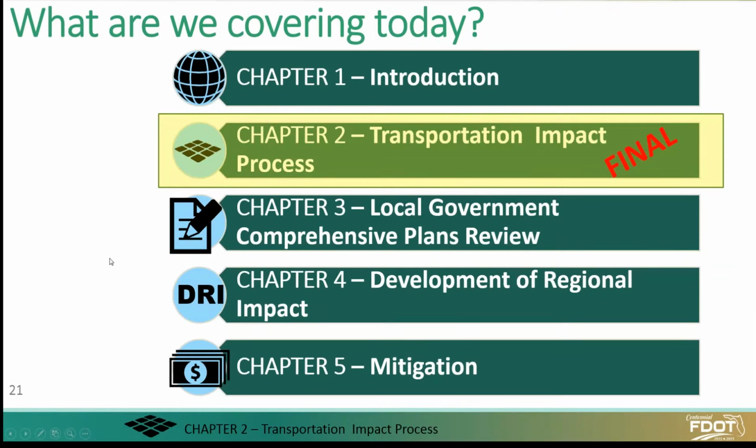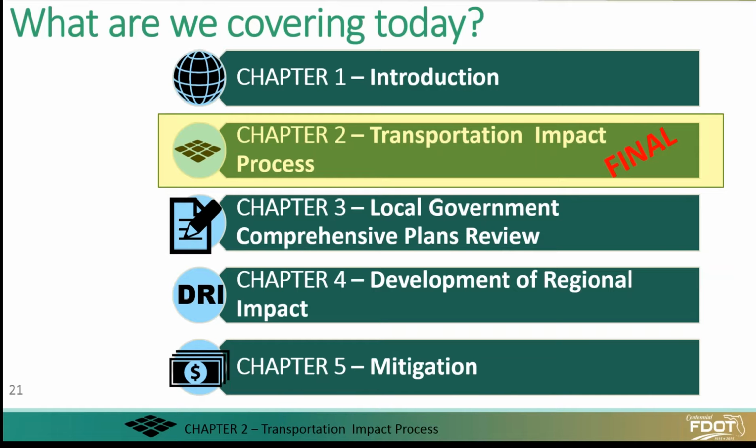Well, today, as I said, is the third portion of Chapter 2, the transportation impact process, which is more of the technical nature of transportation planning for future impacts of future development.